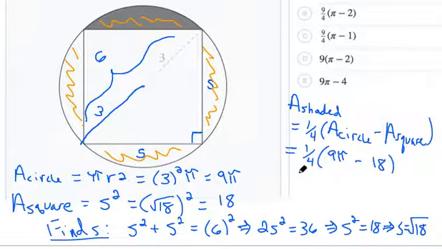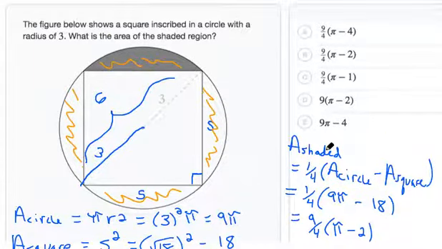And we could actually factor out a common factor of 9, and we'll end up with 9/4 times pi minus 2. And if we take a look at our answer choices, 9/4 times pi minus 2 is actually answer choice B. So that's our correct answer, answer choice B.